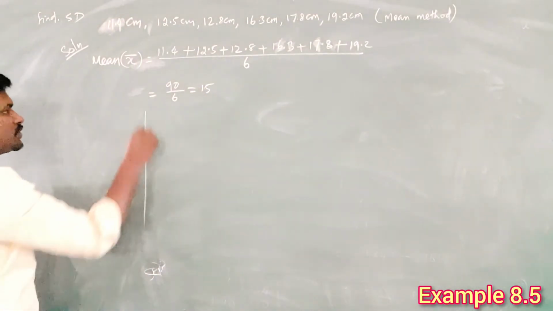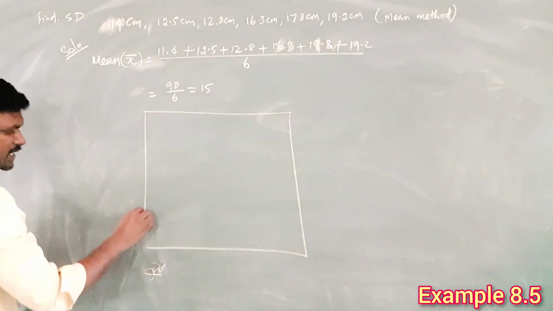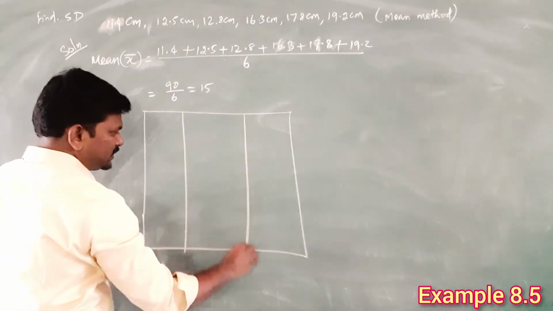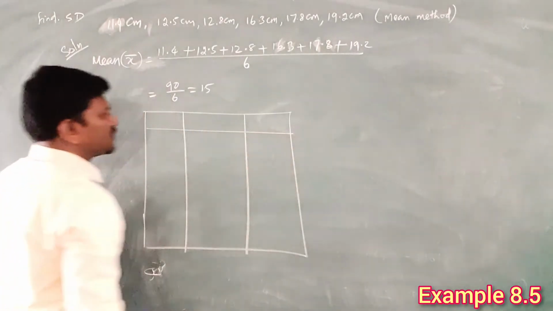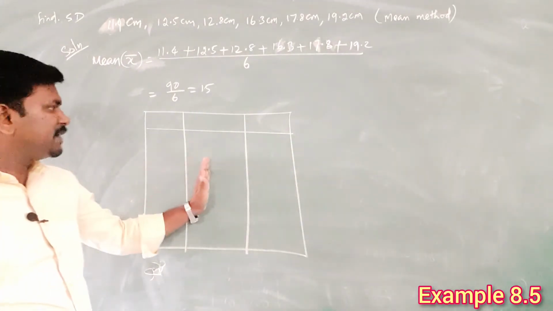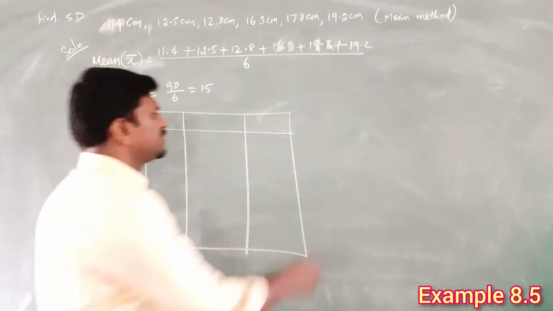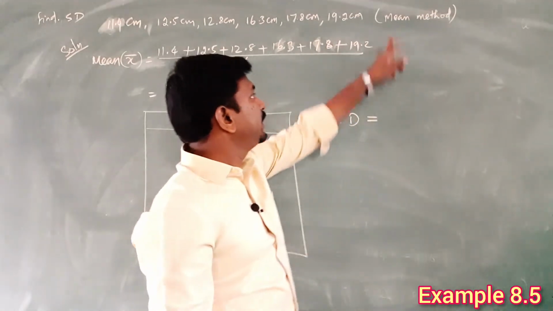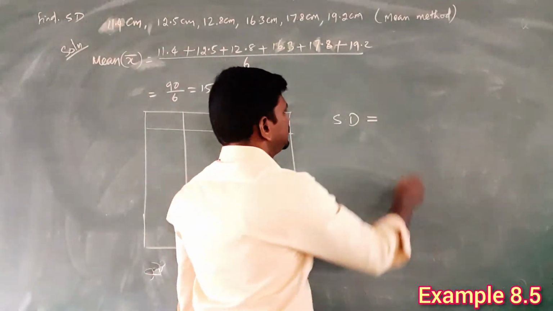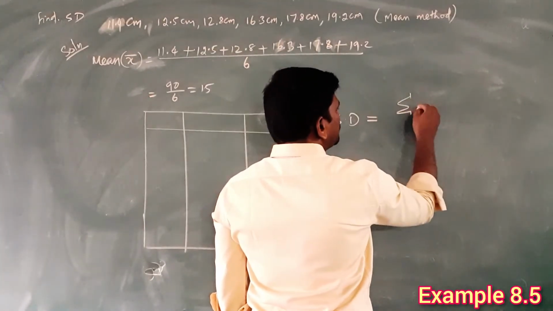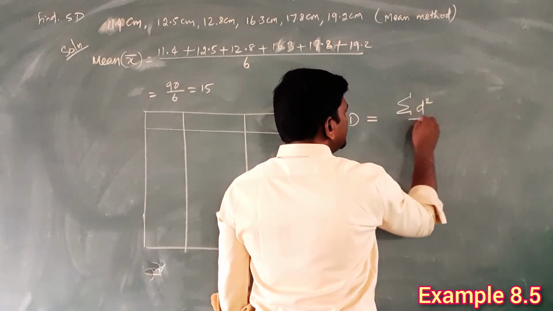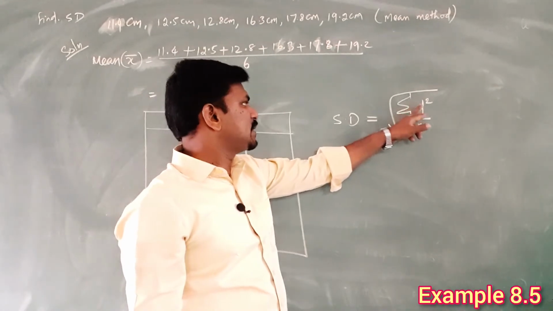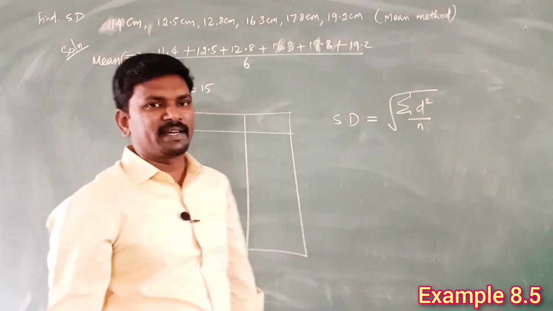Next we are going to draw the table with columns x, d and d square. Why have we drawn it like this? The standard deviation of the data in the mean method is the square root of summation of d square by n.